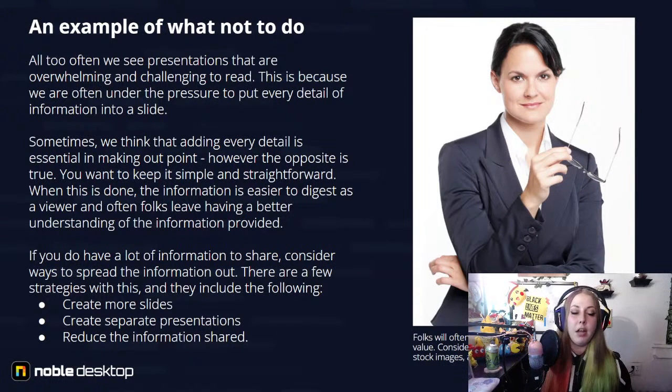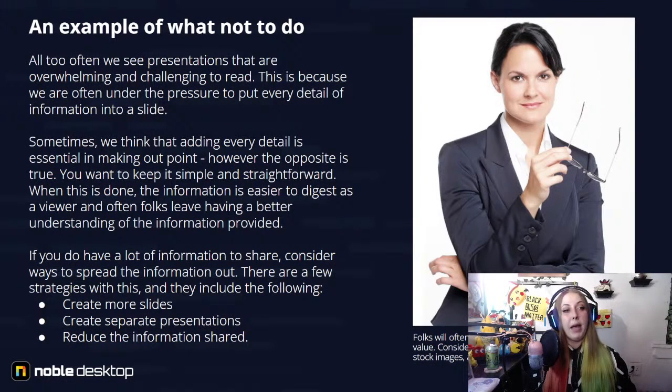But I'm going to just start talking about a couple of things that are not working in favor of this particular slide. Number 1 is too much. As soon as I went over to this slide, it's just jam-packed with information.